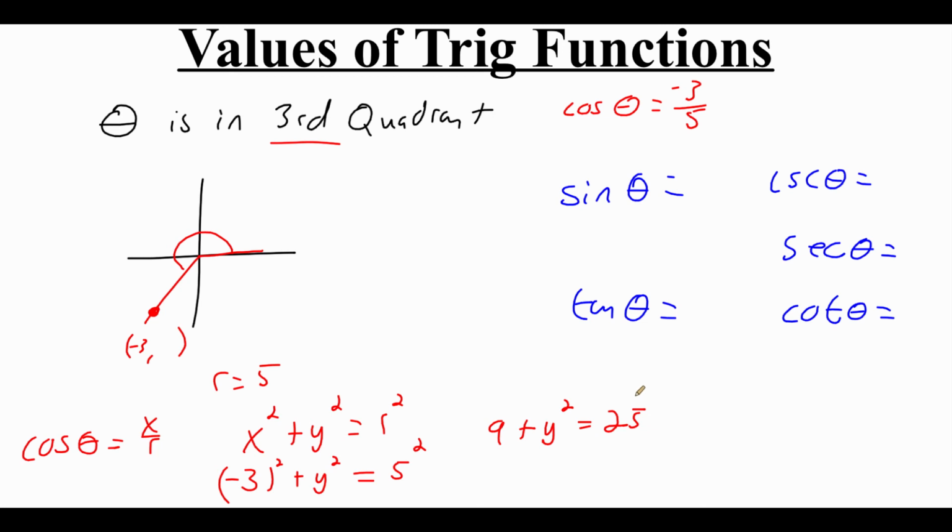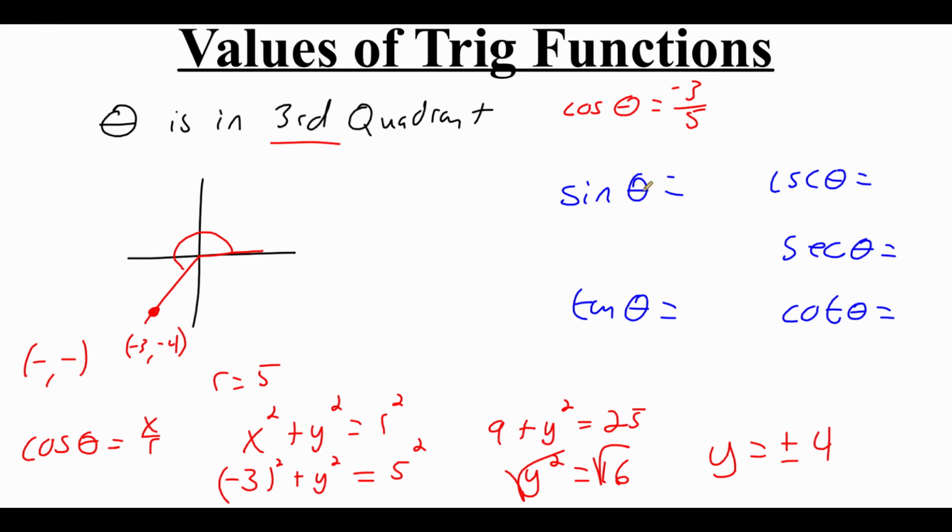If I subtract that 9 over, then we get y squared equals 16. Square root both sides. Now 16 square roots nicely, but don't forget to put your plus and your minus on there. So we get y equals plus or minus 4. Because we are in the third quadrant, ordered pairs in the third quadrant have a negative x value and a negative y value. So we want the -4 as our y value.